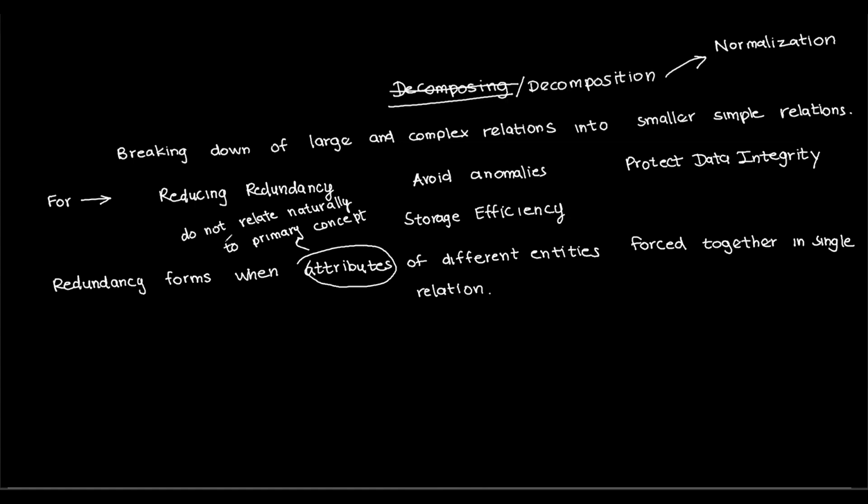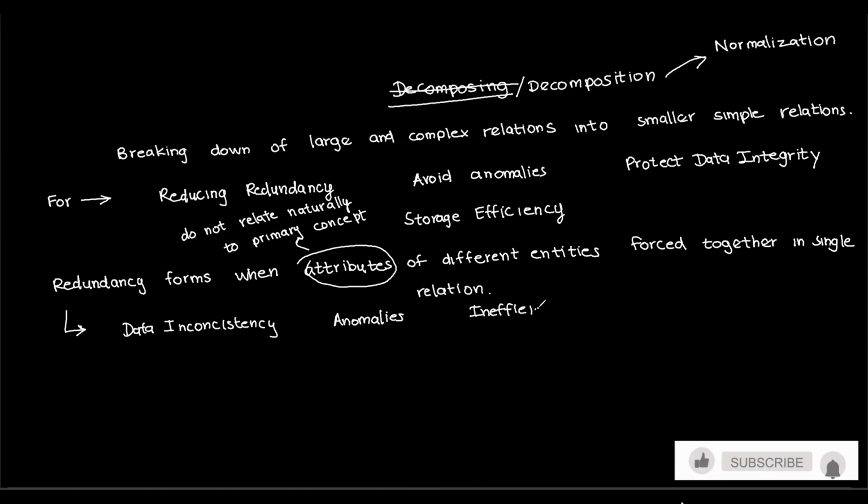We know that data redundancy is the primary reason for data inconsistency, and it's the primary reason for anomalies. Also, storage space is wasted, so there is inefficient data storage. These are some of the drawbacks of data redundancy.